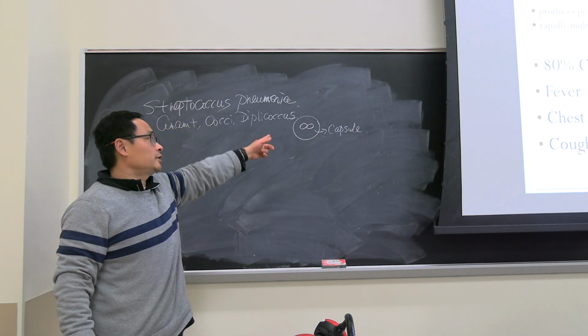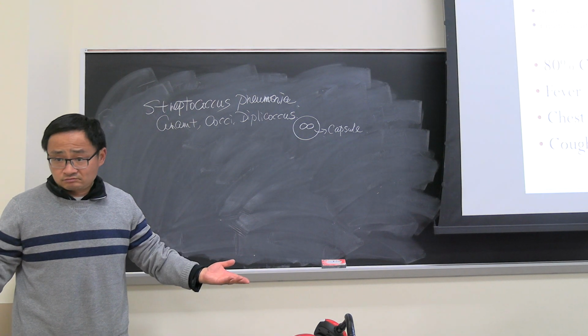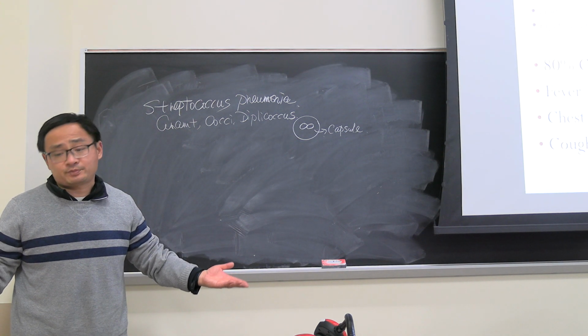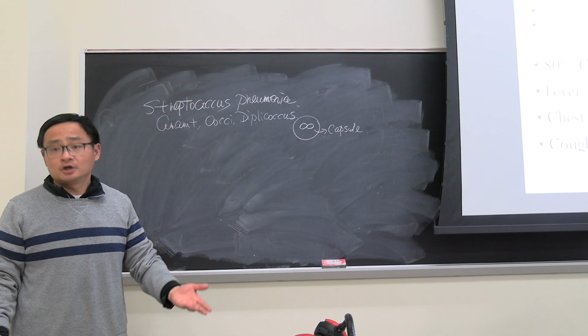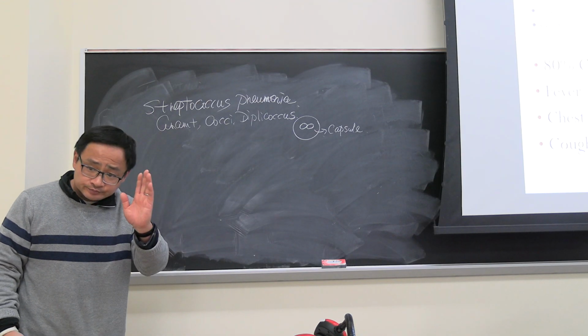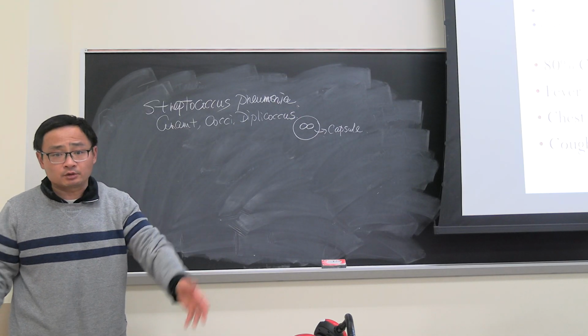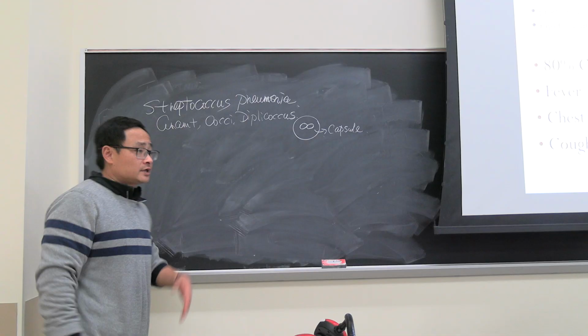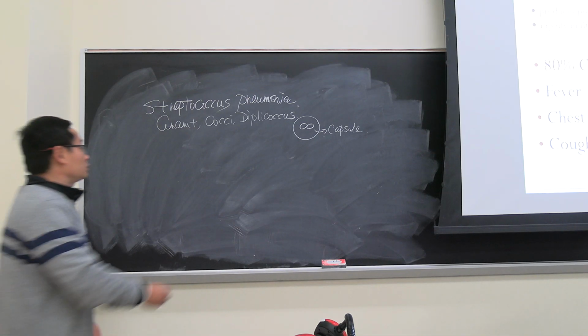So how do we determine it? Remember, we use the negative stain, or we can do a capsule stain. Capsule stain can be done by negative stain. We stain the background, and then the capsule shows up. We had a picture in our previous slides. That's Streptococcus pneumoniae. Streptococcus pneumoniae, of course, will cause pneumonia.